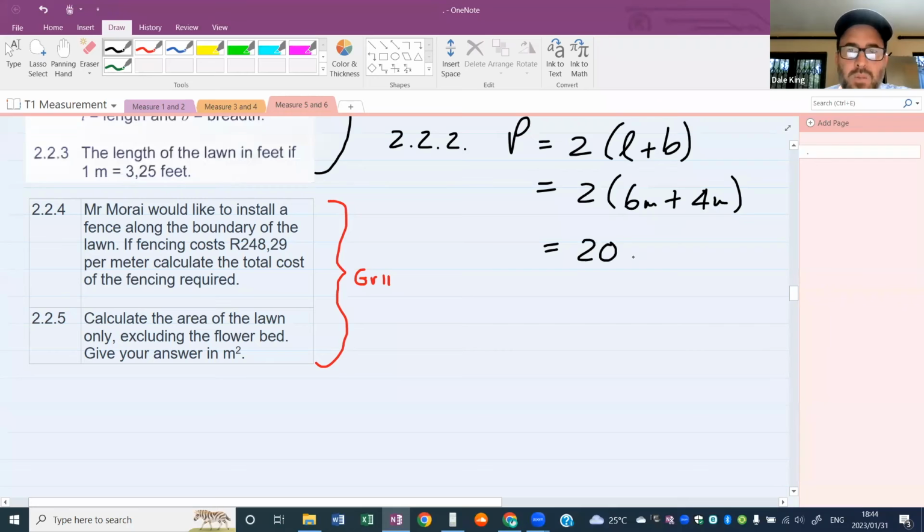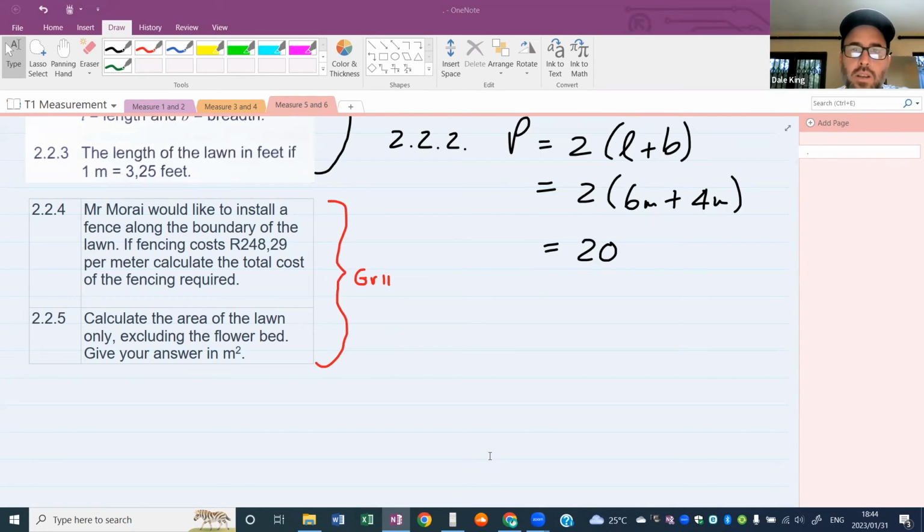Now, is this meters or meters squared? Can someone tell me in chat, please? Meters or meters squared? Yes, the guys are too quick. Meters. 20 meters. We all said meters. Yes, it's not area. It's perimeter, which is a length. It's 1 dimension. So it's just meters.